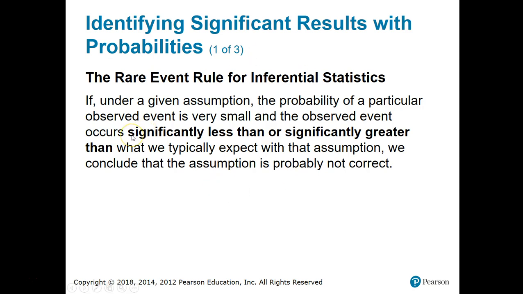However, if you consistently get something significantly less than, or significantly greater than, what you would typically expect with that assumption, you can conclude that the assumption is probably not correct. You assume it's going to happen this way, and it never happens that way. Then something might be wrong with your assumption. It's testing a hypothesis. We like testing things.